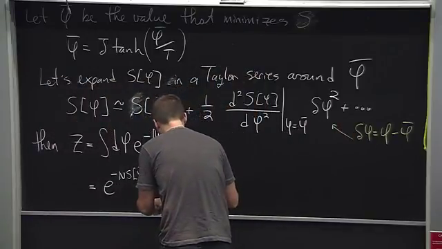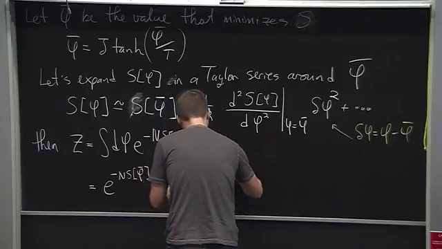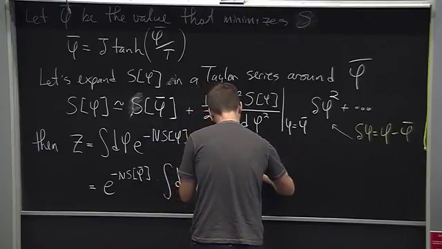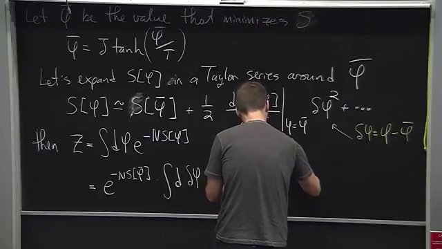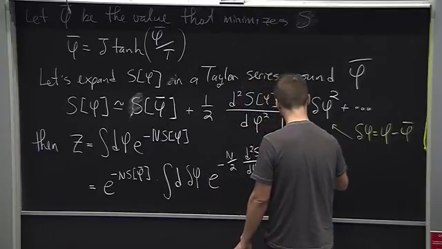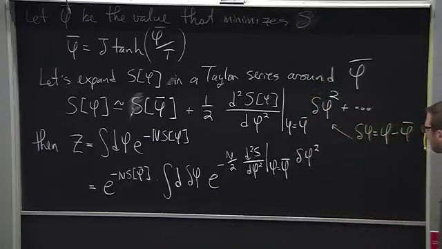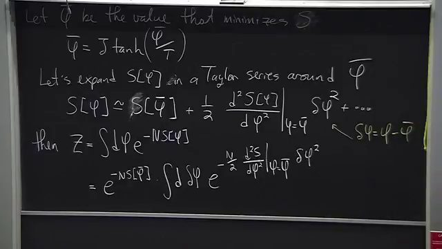So it's going to be d delta phi, the second derivative of S at phi bar, delta phi squared. There, that's just a Gaussian. So this can be solved with Gaussian integration.